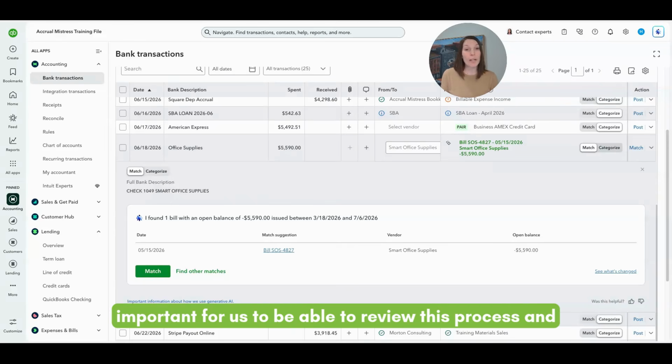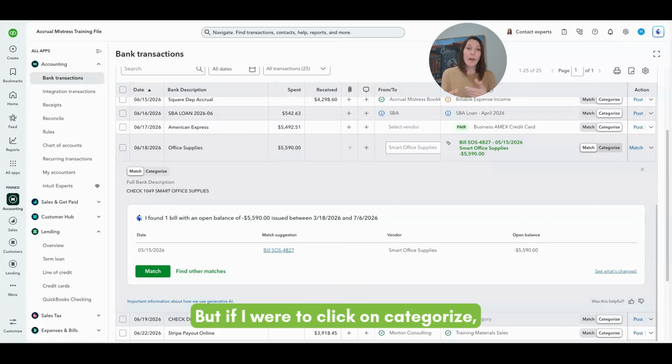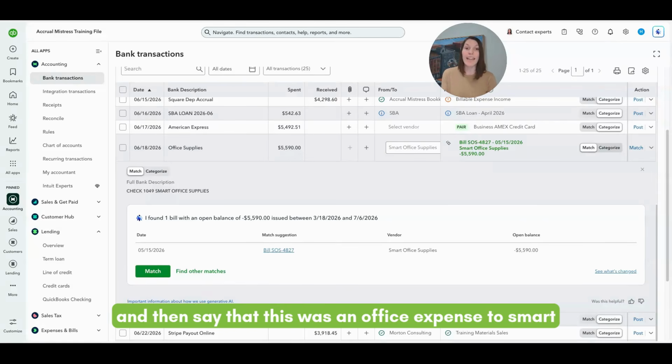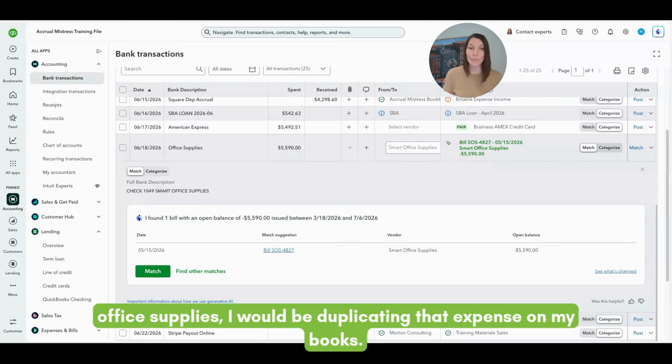So it is incredibly important for us to be able to review this process and be able to choose categorize if that is the better option. Okay, now it is not in this particular instance, but if I were to click on categorize and then say that this was an office expense to Smart Office Supplies, I would be duplicating that expense on my books.